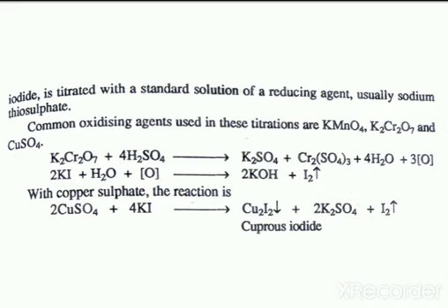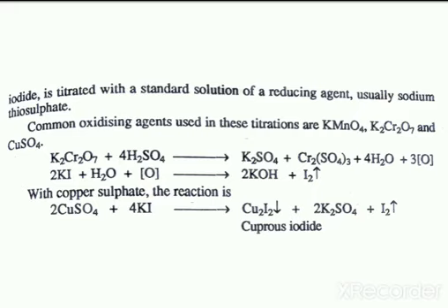Potassium dichromate reacts with sulfuric acid and gives potassium sulfate and the sulfate salt of chromium, and here nascent oxygen is liberated.